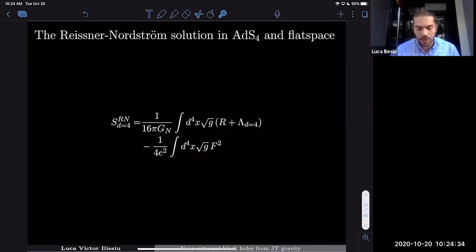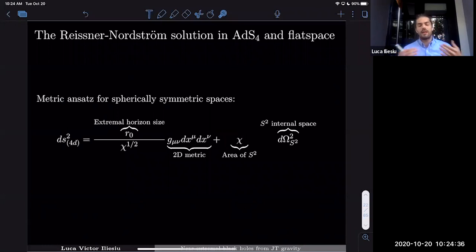The technique that we'll be using today is that, in the case of a spherically symmetric space, we make the ansatz that the metric can be factorized into some 2D metric and some S2 internal space, where the size of the S2 is captured by a dilaton field, chi.